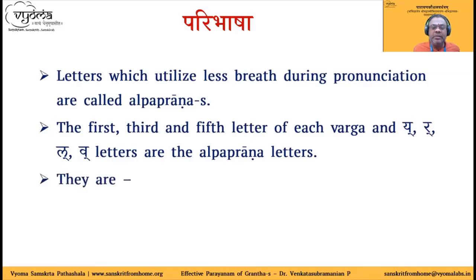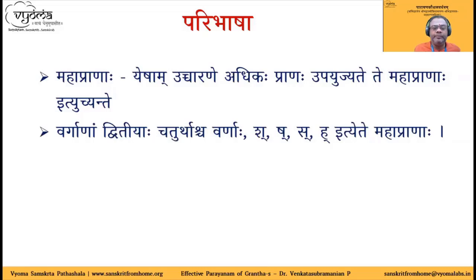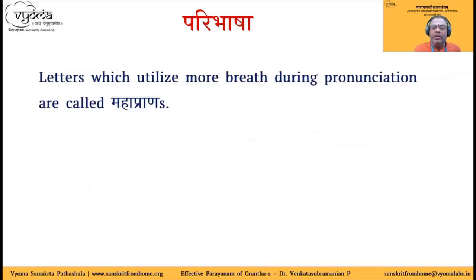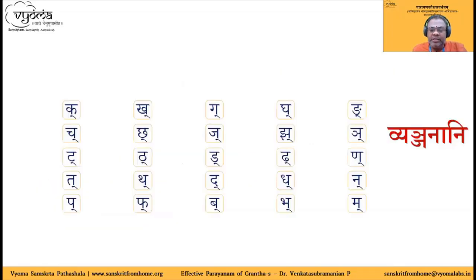First, third and fifth letters are Alpapranas. Mahapranas are those in whose pronunciation more breath is used: the second and fourth letters, Sha, Sha, Sa, Ha. The letters which utilize more breath during pronunciation are called Mahapranas. You have the list.